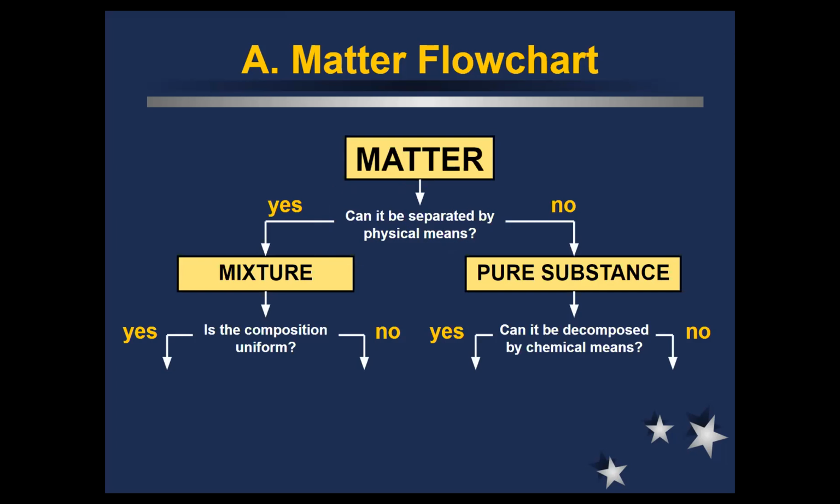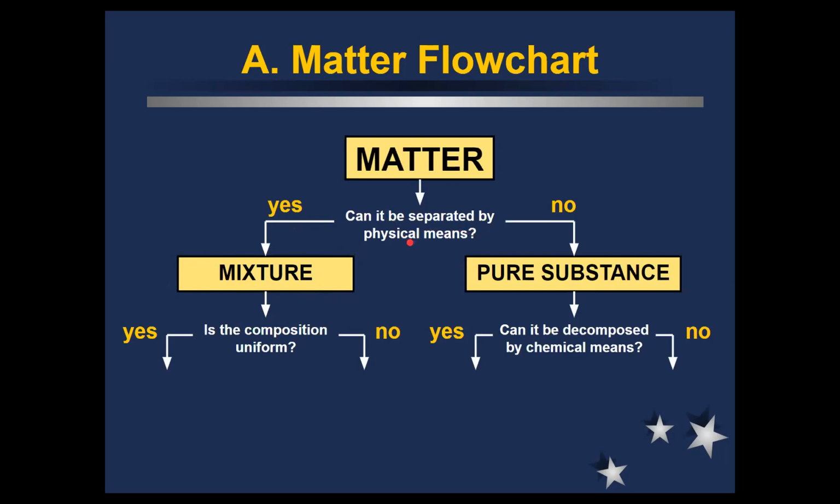So if we can separate these apart pretty easily, we have what's called a mixture. So we have a whole bunch of different substances that aren't necessarily bonded to each other, right? Maybe they don't all have covalent or ionic bonds going on, but we have lots of different things that are all mixed together, hence the name.